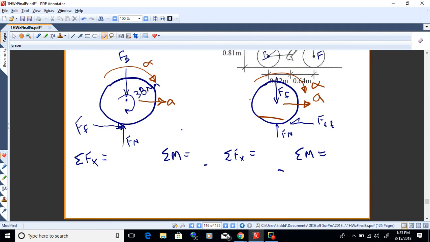Doing all right on this? How do you find how the weight is distributed? Okay, you're solving for friction. You don't need the normal to find the friction.